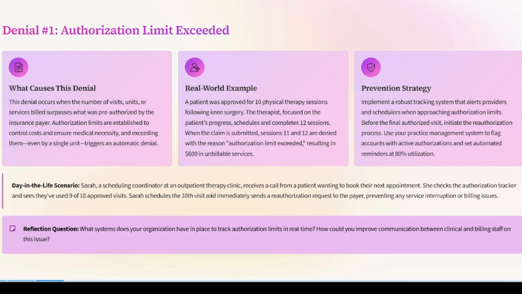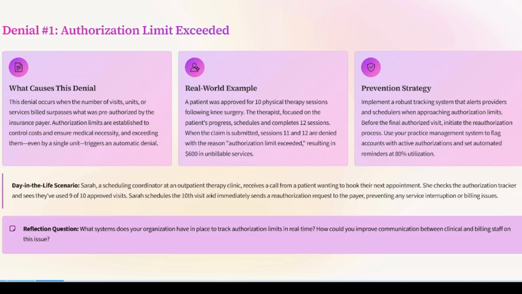A lot of times you cannot retroactively ask them to update what was not approved or pre-authorized. Sometimes they might have an actual plan in place, so you can do that, but a lot of times you're not going to get paid for those services.